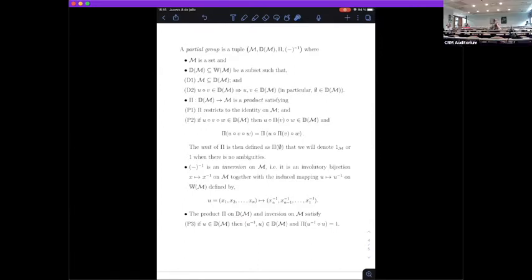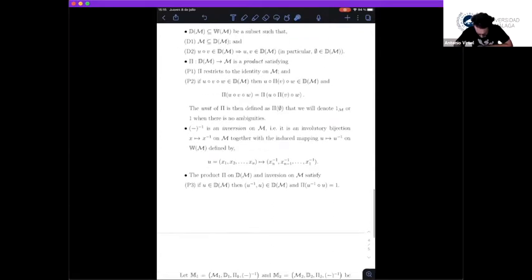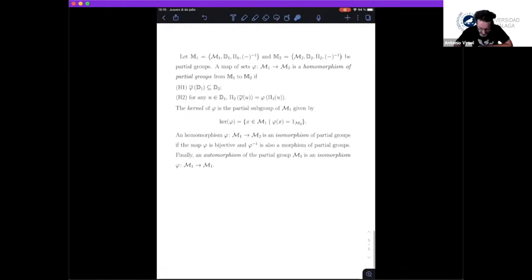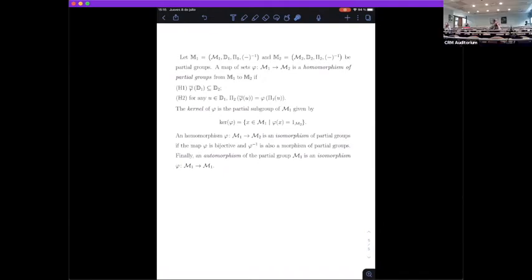So this is the category. I mean, these are the objects, and then I have to define which are the morphisms in there. The morphisms are, like it would be for groups, a set map between the sets defining the partial groups, and then it has to induce a map on D, which is a subset of the words of M1.